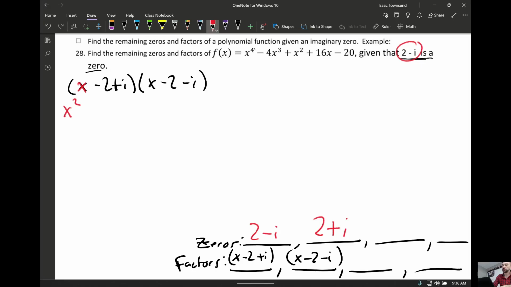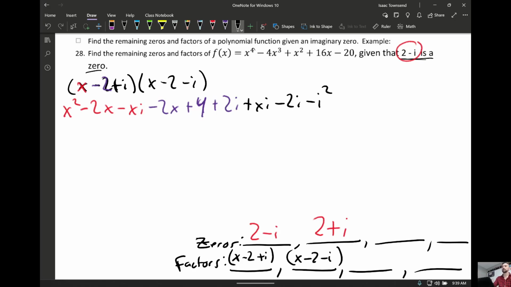We need to distribute x to all 3 of these, then minus 2 to all 3 of these, and i to all 3 of them. 3 things times 3 things should give us 9 things, but after we combine like terms, all of the i stuff should go away: minus xi plus 2i minus 2i.